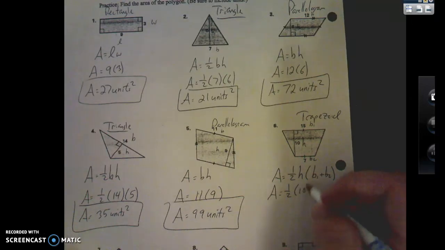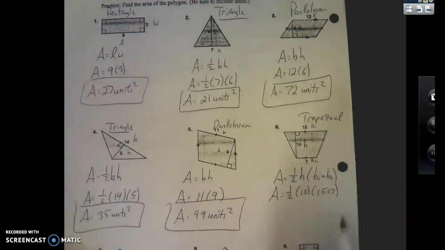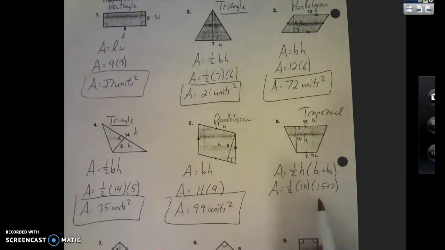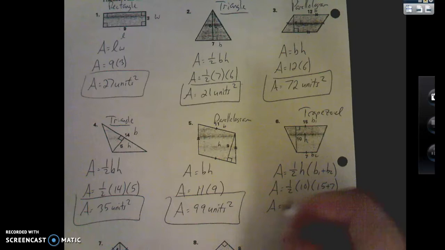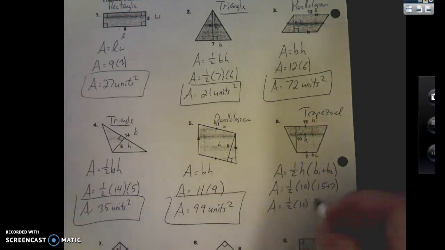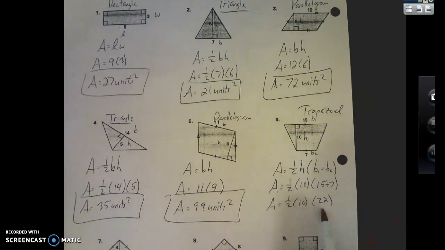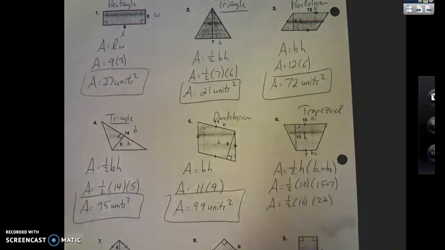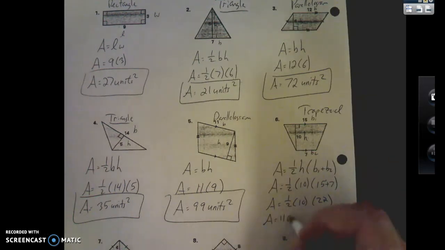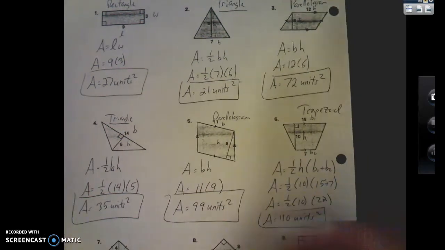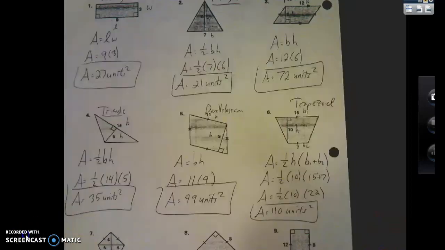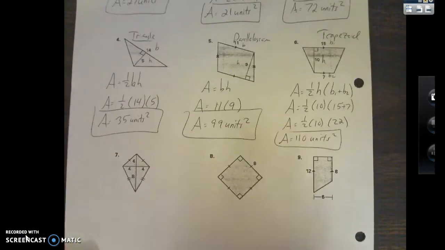My height is 10. My bases are 15 plus 7. Make sure, order of operations, you add them together first. 1/2 times 10, 22. Half of 22 is 11. 11 times 10, 110 units squared. Awesome.